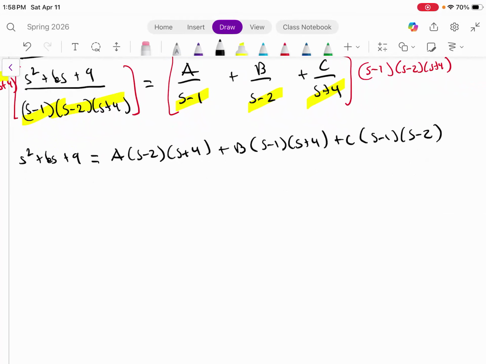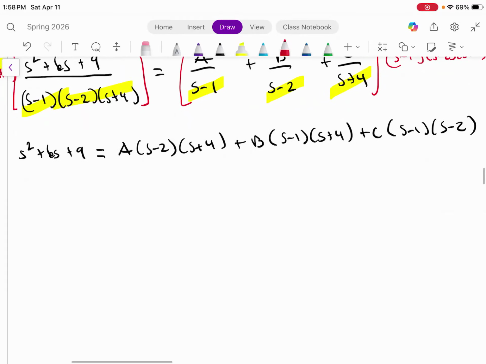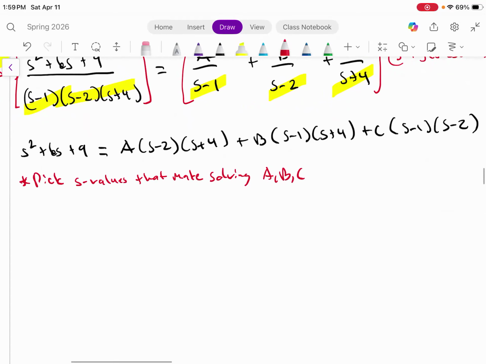I prefer the elimination type of method, so we're going to do that right now, because a system would be three equations with three variables, and that gets a bit tedious with your algebra. My preferred method is to pick s values that make solving for A, B, and C simple.